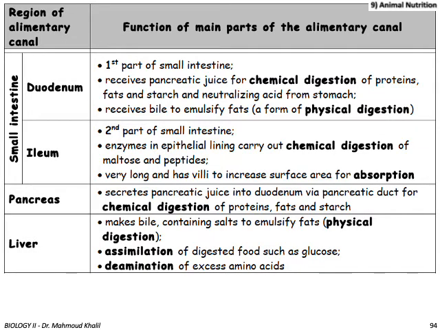The pancreas, a mixed gland, secretes pancreatic juice into the duodenum via the pancreatic duct for chemical digestion of proteins, fats, and starch. The liver makes bile, which contains salts to emulsify fats, and it's another mode of digestion, physical digestion. In the liver occurs assimilation of digested food such as glucose and deamination of excess amino acids.